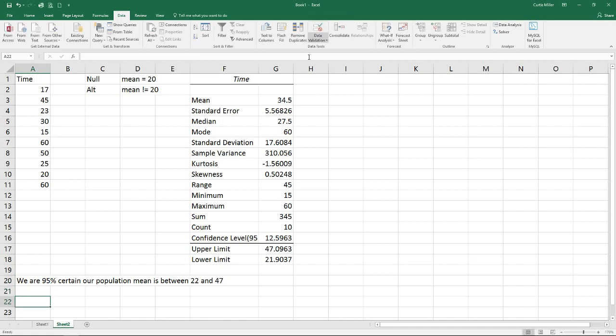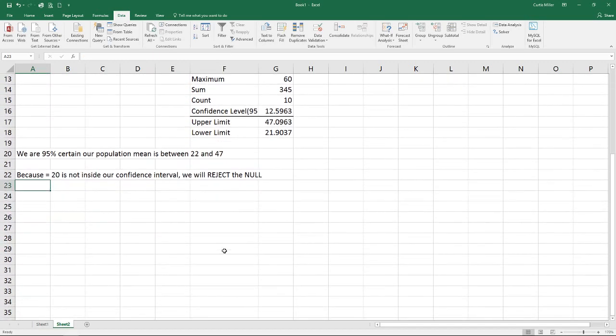Now, we go up to our null hypothesis and look for our mean equals to 20. We compare that to our confidence interval, and notice that this is not inside our confidence interval. So because equal to 20 is not inside our confidence interval, we will reject the null.